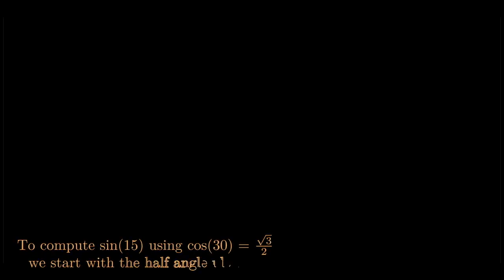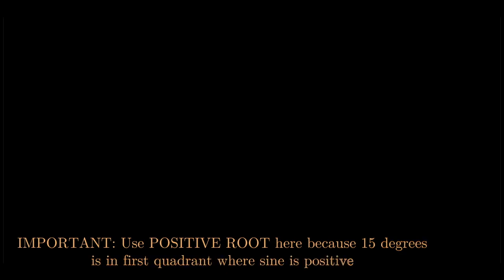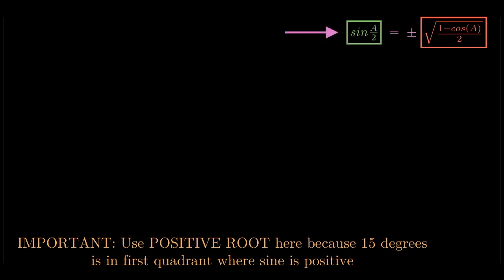Now, to compute sine 15 using cos 30 equals square root of 3 by 2, we first note that we have to use the positive root here. We don't need the negative root here because 15 degrees is in the first quadrant where the sine function is positive. And sine of a by 2 equals plus or minus square root of 1 minus cos a by 2.